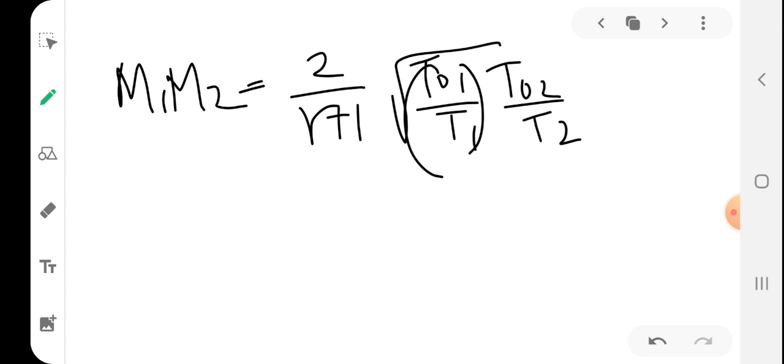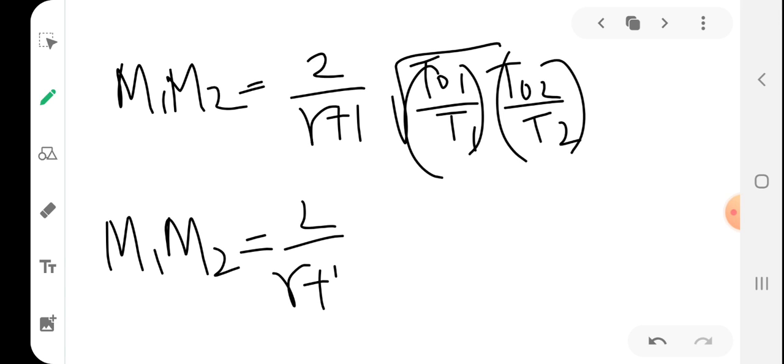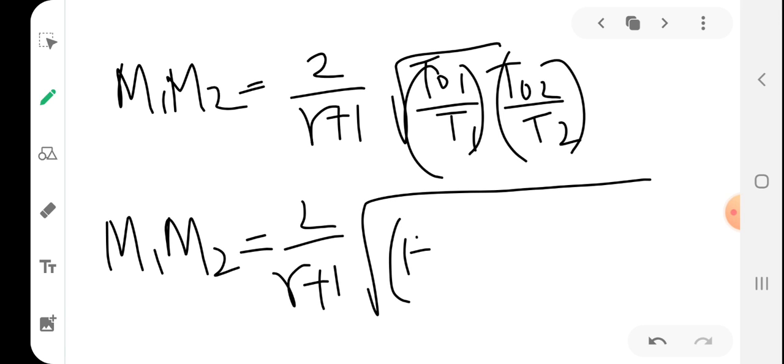So students, T01 by T1 and T02 by T2. You know the relation for the stagnation temperature ratio: T01 by T1 is 1 plus gamma minus 1 by 2 M1 square, right? So M1 M2 is equal to 2 by gamma plus 1 into root of 1 plus gamma minus 1 by 2 M1 square.